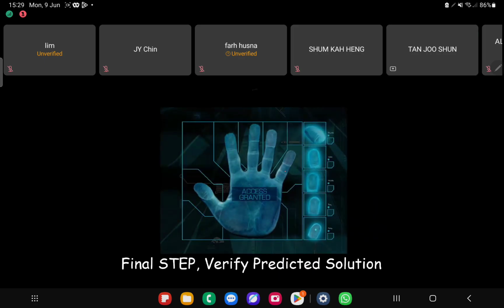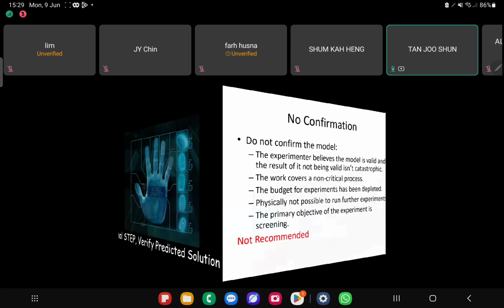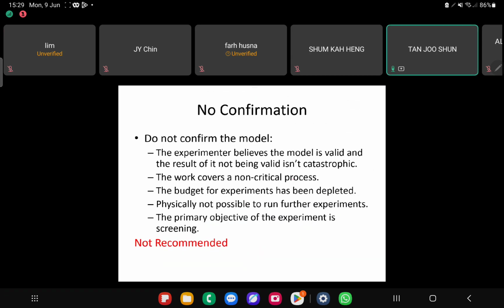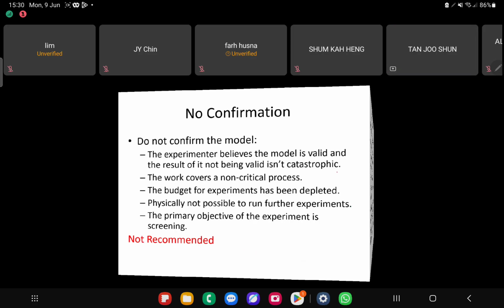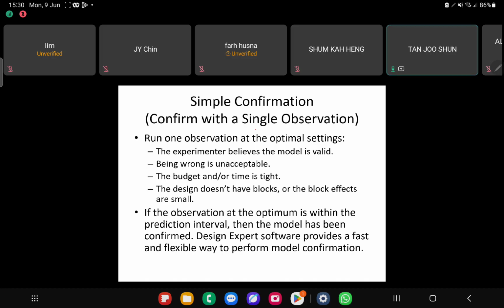Okay, after the optimization, then you will do the verification, because it will just give the prediction. So after the prediction, you have to verify. If you do not verify, then you cannot tell people the model is valid, because you are not confirming the model. If you run a single verification, meaning you just run one time, it is still okay, but you are not running replicates.